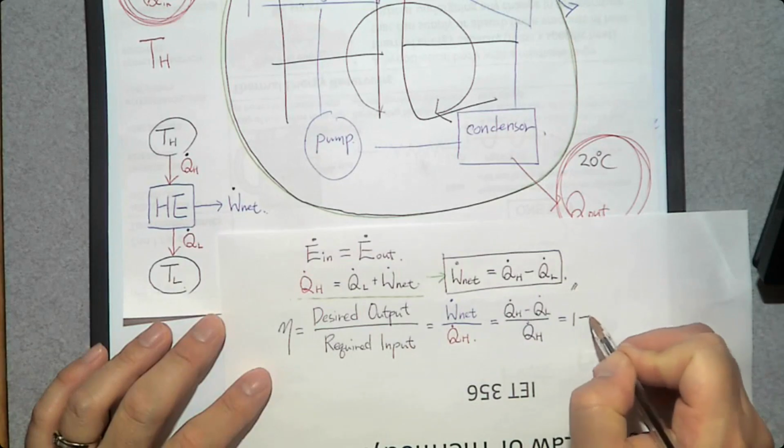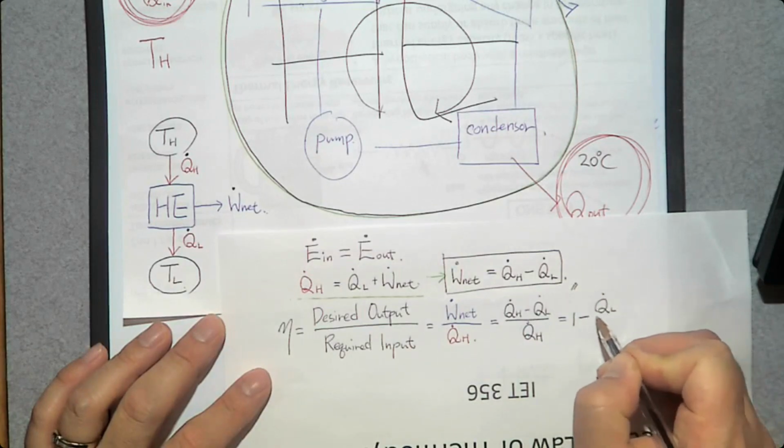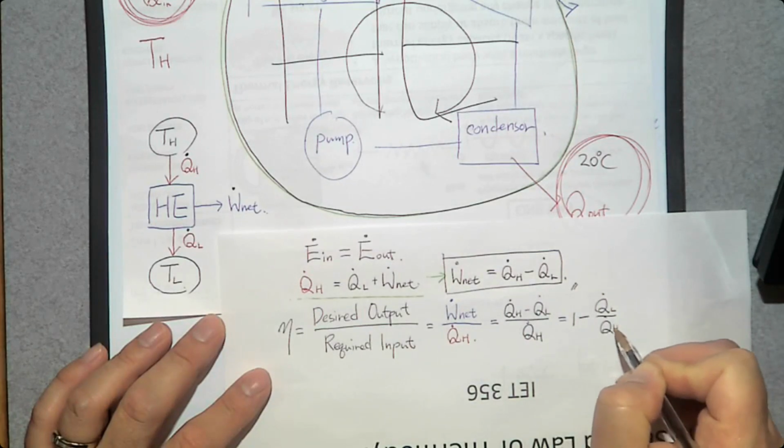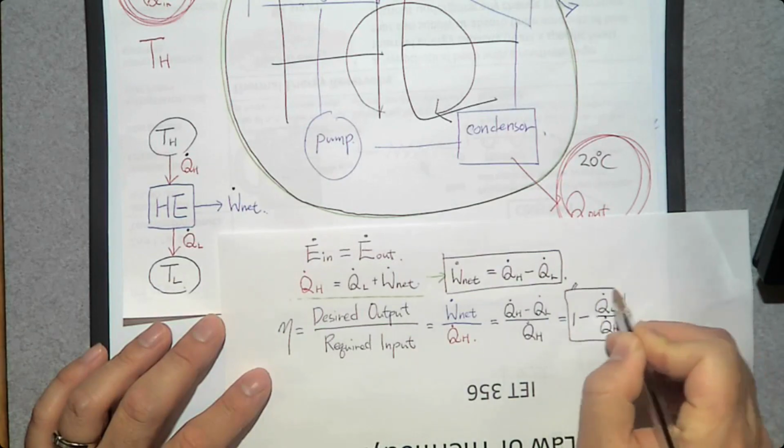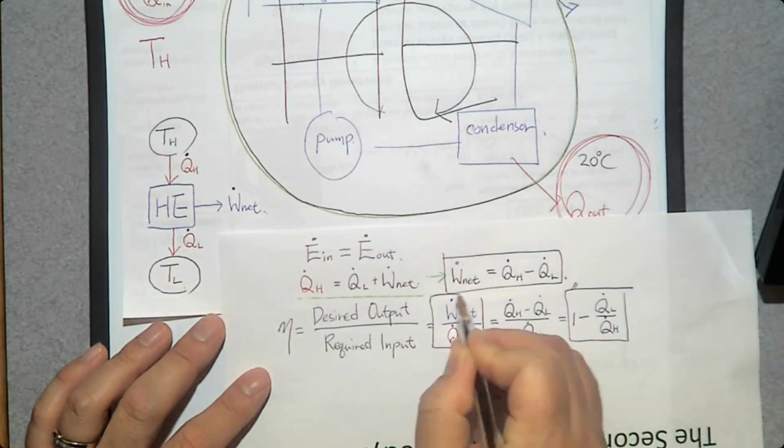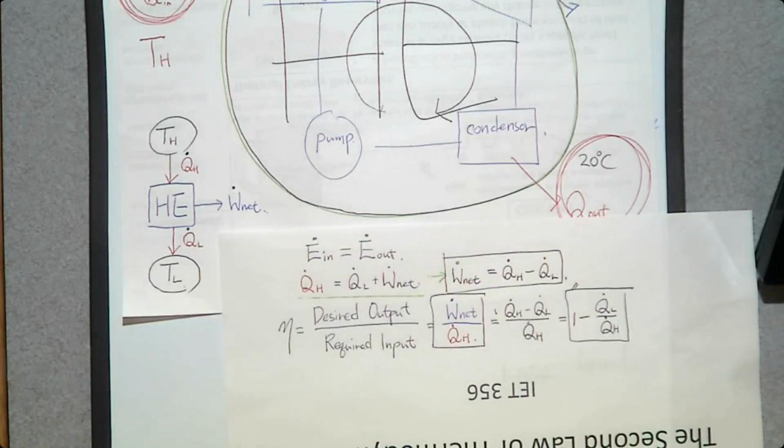It's going to be 1 minus Q dot L over Q dot H. So this is how we determine the performance of this heat engine, in other words, efficiency. So that's everything about heat engines. Pretty simple compared to what we did in the previous 2 chapters.